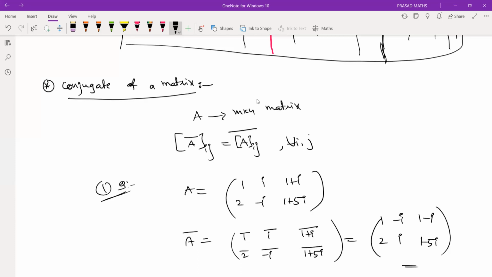So the conjugate of a matrix is nothing but the matrix obtained by taking the conjugate of the corresponding elements of the given matrix.